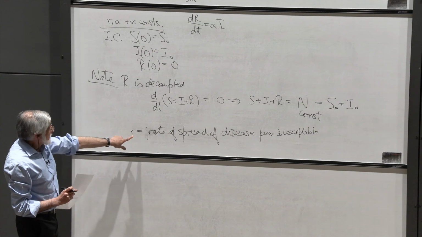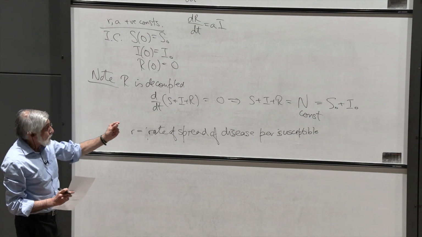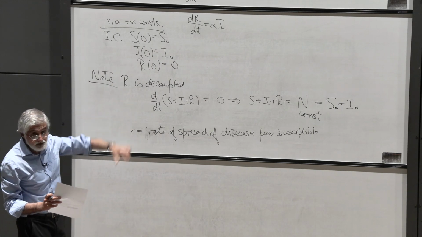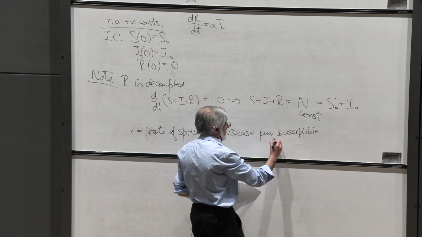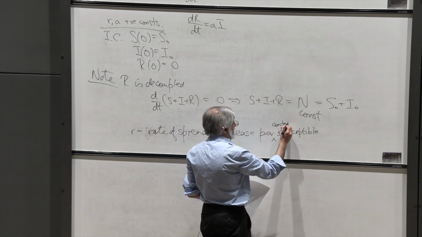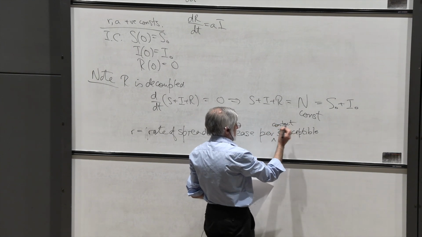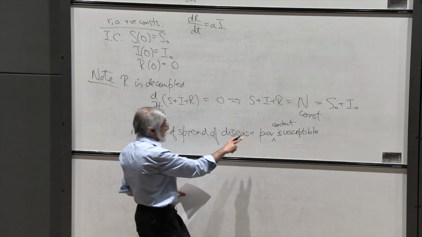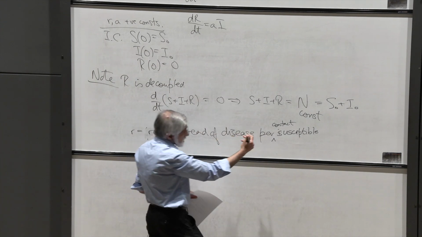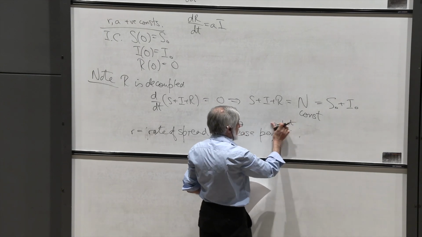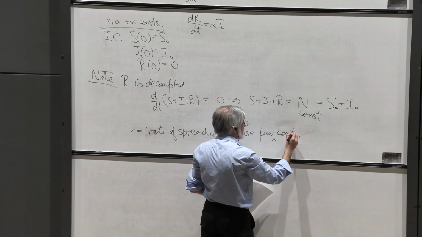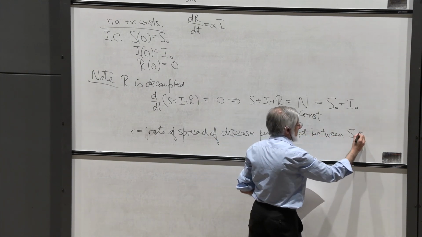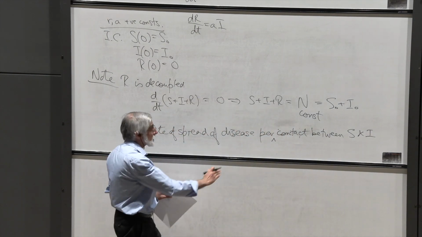So in other words, it is the rate of spread of disease per contact between S and I. You could either have that, or you could say it's the spread of disease. There's a number of ways you could write it. Actually, maybe write it as per contact between S and I.